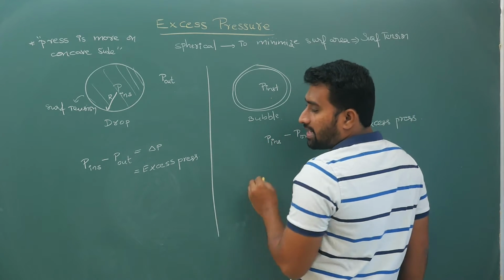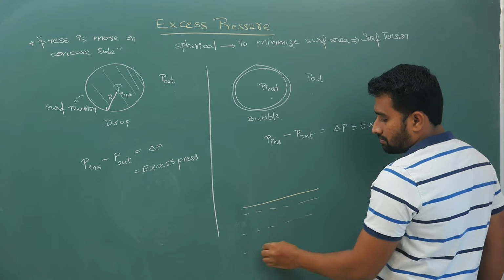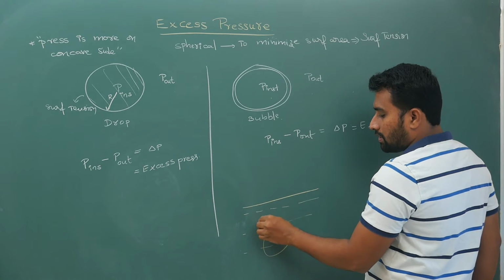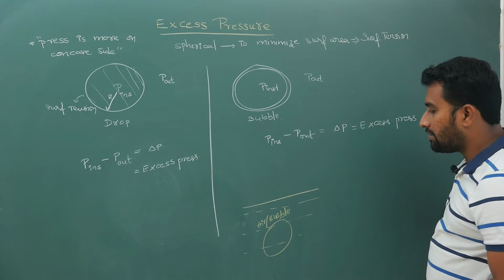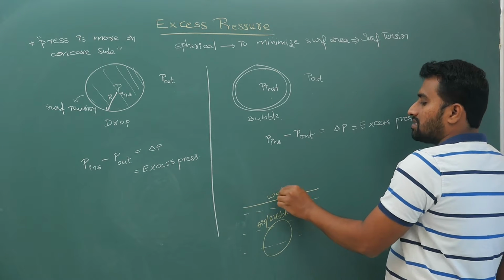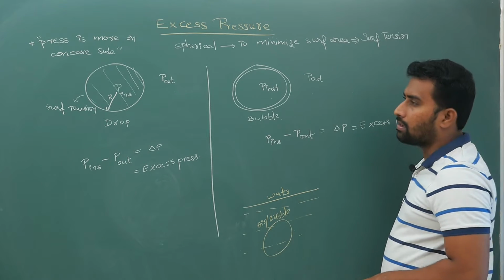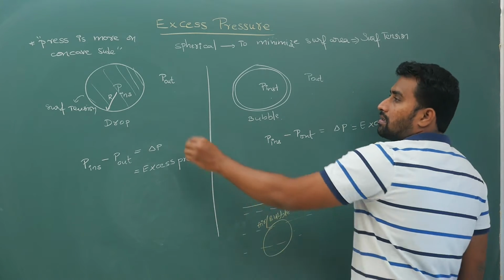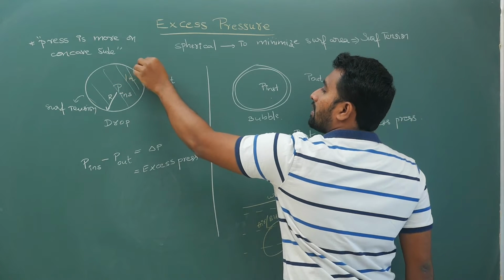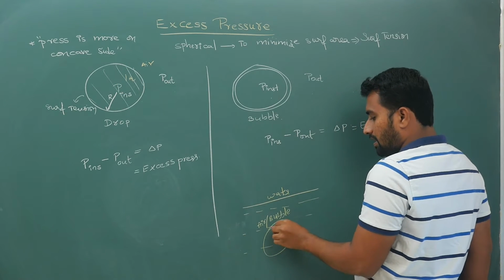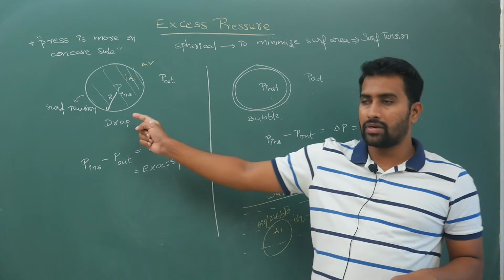Now if you take an air bubble inside water, it is not actually a bubble in that sense. We are using the word air bubble, but it is equivalent to a drop, because here you have air and liquid, a 2-layer interface. So this bubble is equivalent to a drop.